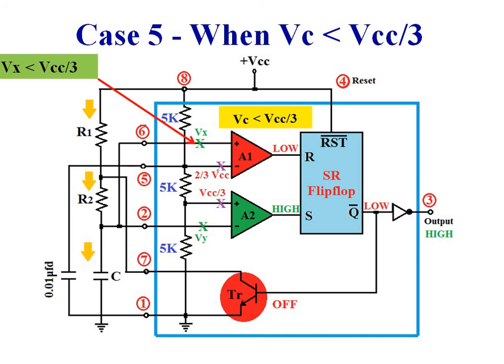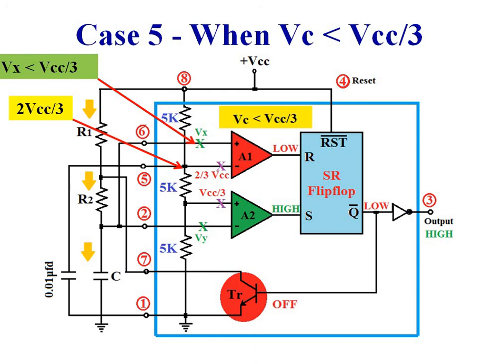Whenever capacitance voltage becomes slightly less than VCC by 3, voltage at the non-inverting input of op-amp A1 is a value which is less than VCC by 3 and voltage at the inverting input is a value which is equal to 2 VCC by 3. Differential input voltage is negative.